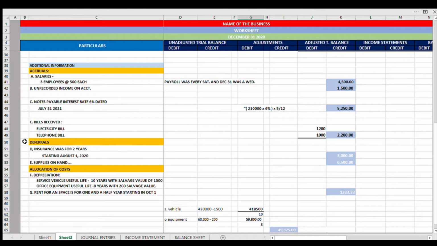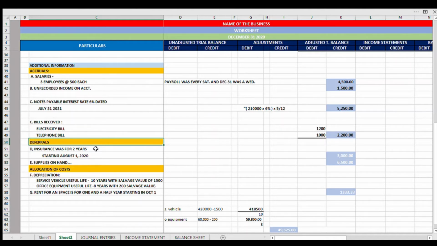The next one, we will now go to the deferrals. Deferrals now, it will mean that all prepayments now made during the period will now be adjusted, through passage of time or through the process of earning or consuming.